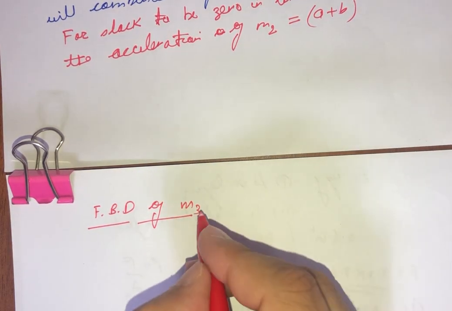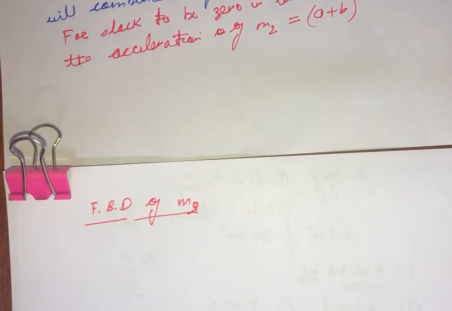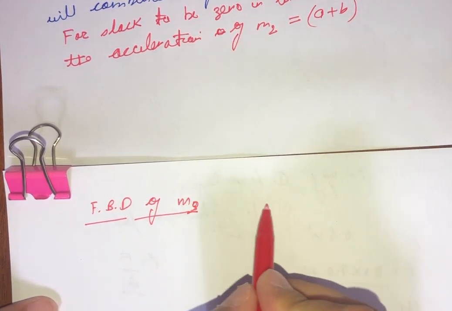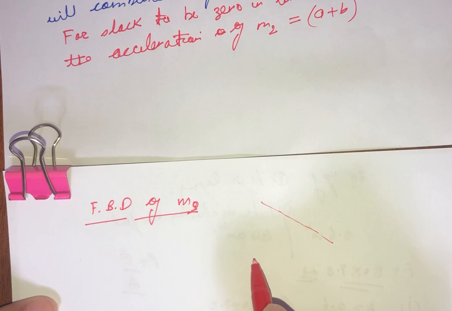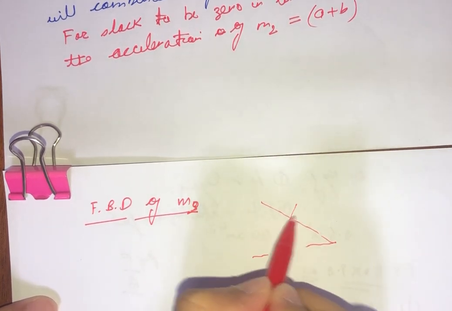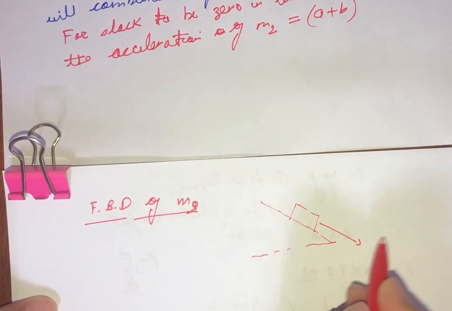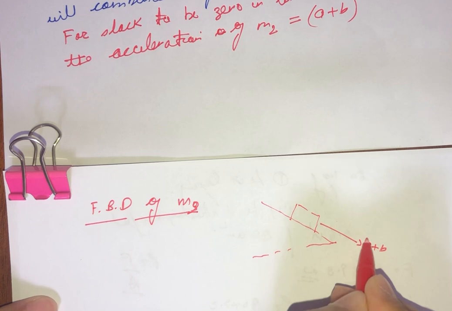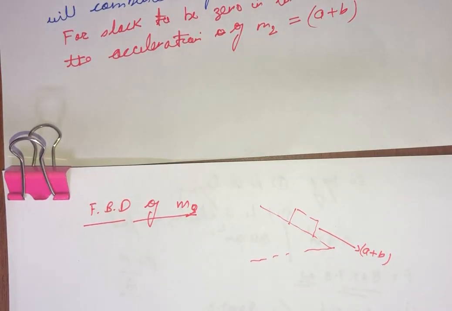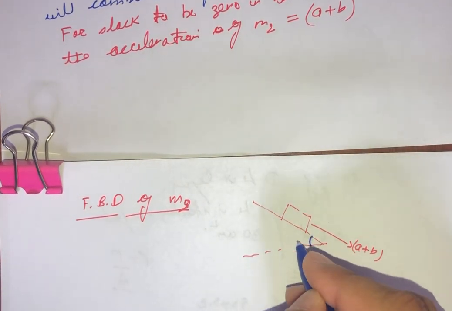Rather, let us start with M2. That will be much easier, because then it will be easy to solve everything. So M2 is along the slope of the wedge, and it is moving with the acceleration of A plus B, and we are given this angle is 37 degrees.